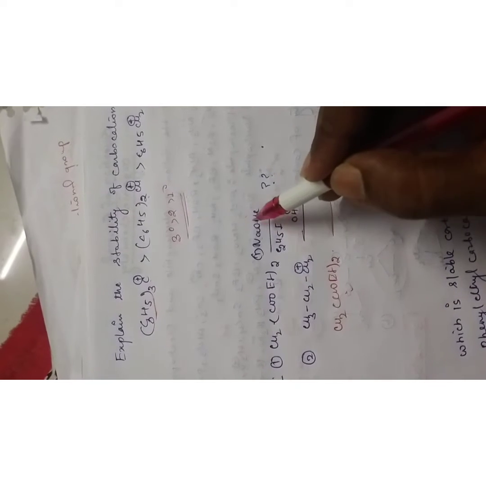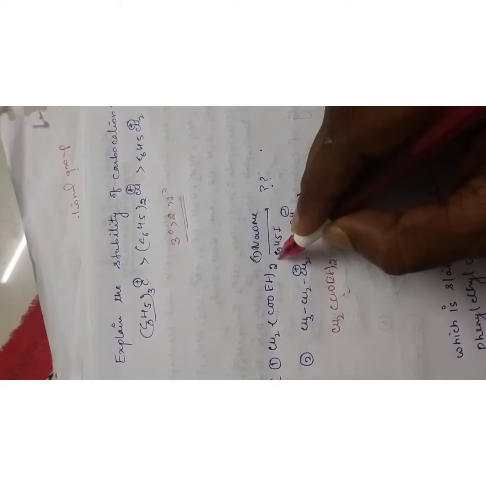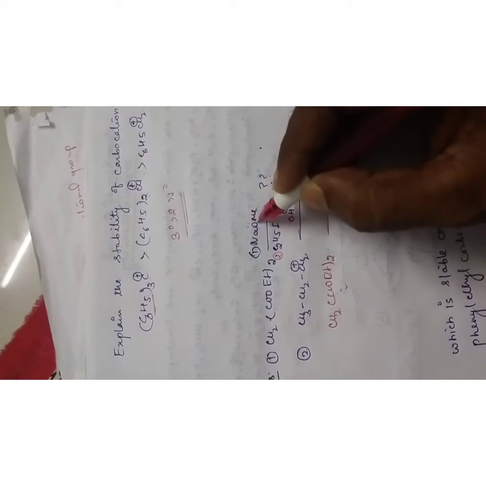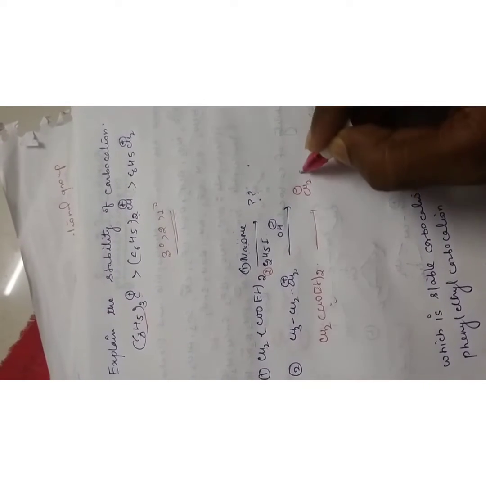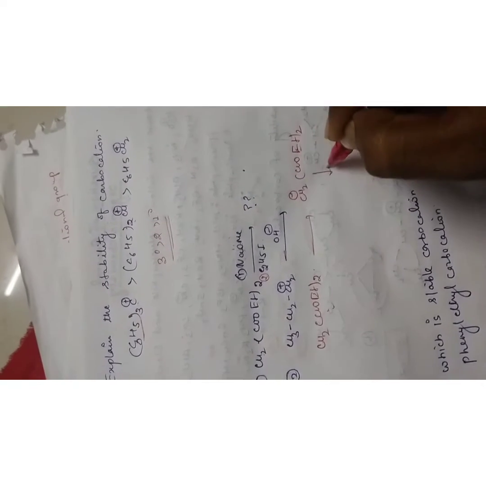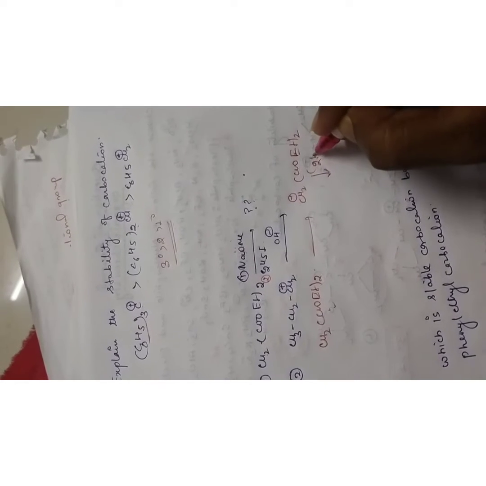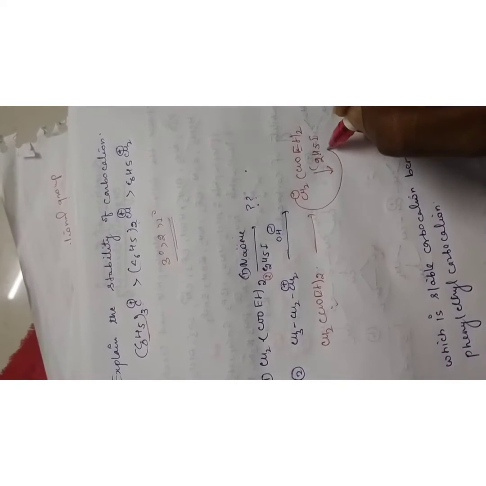NaOMe is added as a reagent, then C2H5 iodide is added. So first, this is the base actually, and it will abstract hydrogen from this and create the nucleophile here. After that, C2H5 iodide will react, and this negative charge will attack on this, and iodine will be removed.